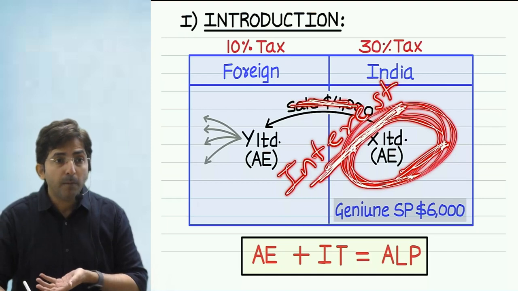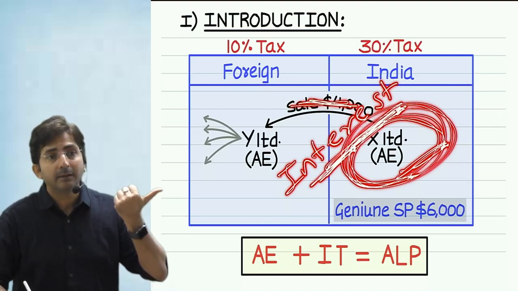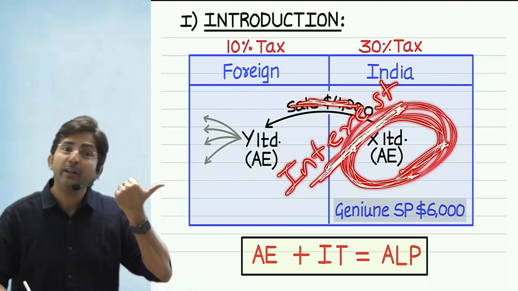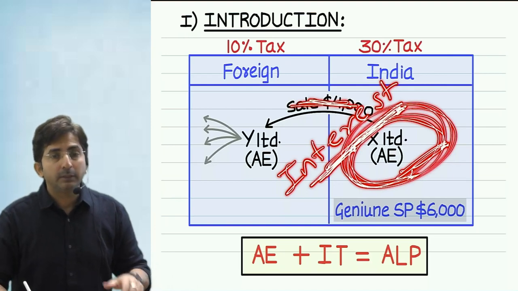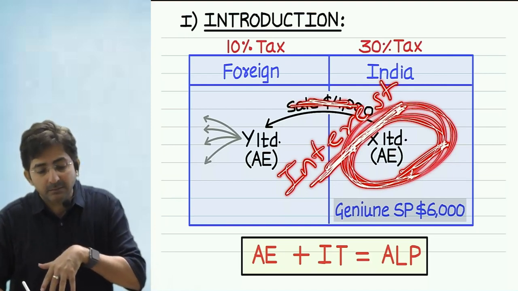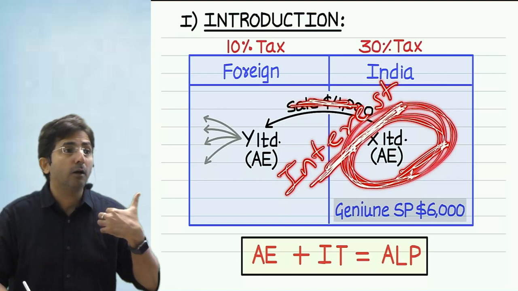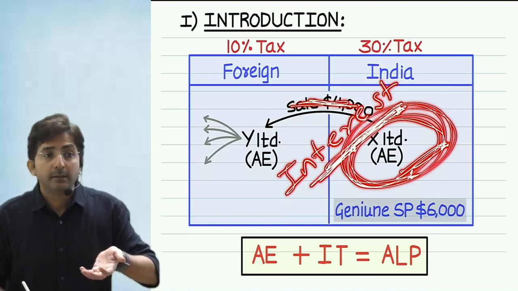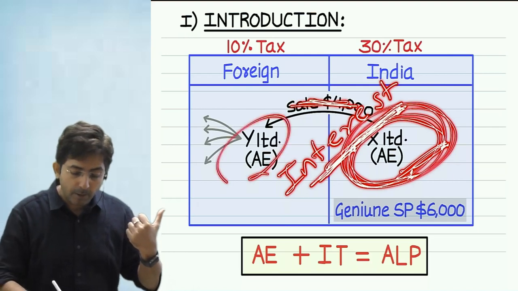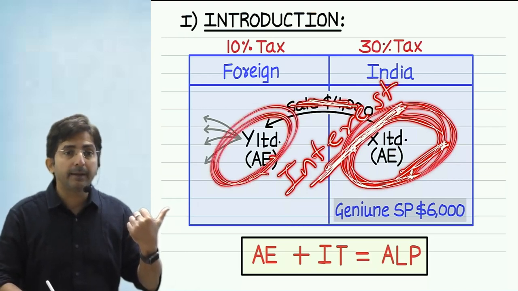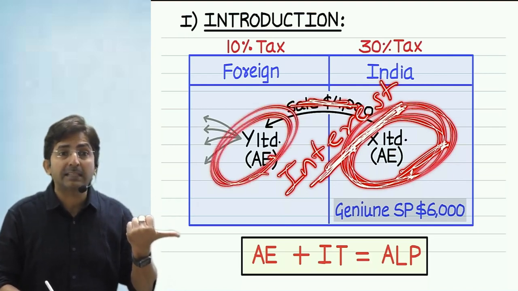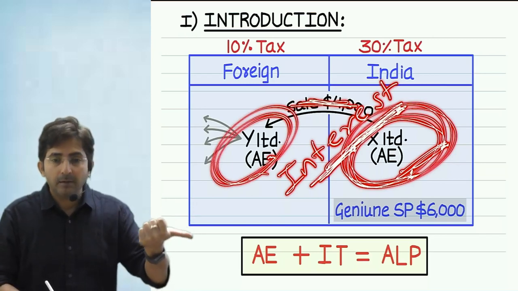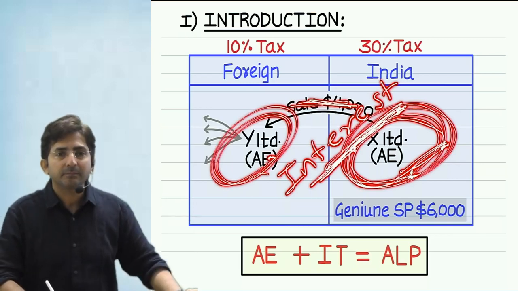But if you pay more interest to Y, Y will have to show more income, because interest is expenditure for X, income for Y. So if that interest is given at a higher rate, that will automatically become income of Y Limited, and Y Limited will pay more tax in a foreign country. But ultimately it's shifted from India.